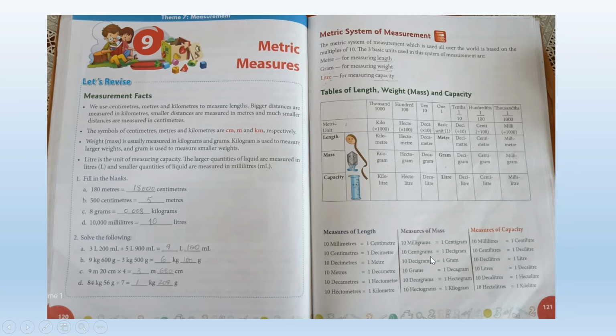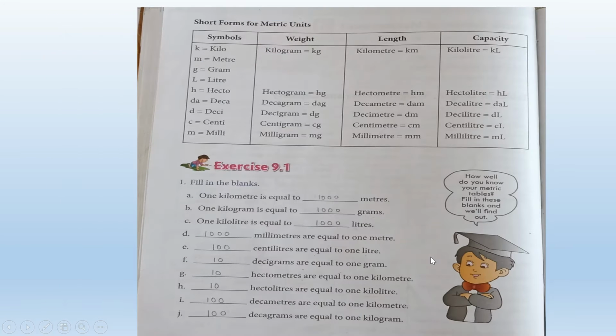All right, so we'll go to the next page. This is the short form of metric units: symbol, weight, length, capacity. I want you to write this down, since I've given it to you in the group.